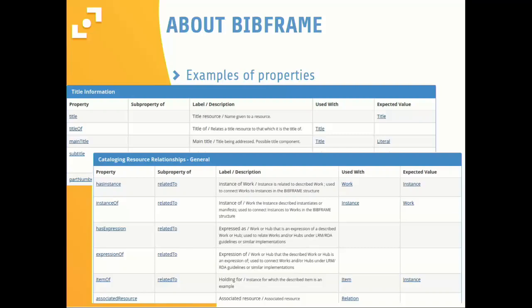For example, a work will have an instance, so we have hasInstance and instanceOf, which can be used in an instance to refer to a work, hasExpression, related to, and we have properties and sub-properties.